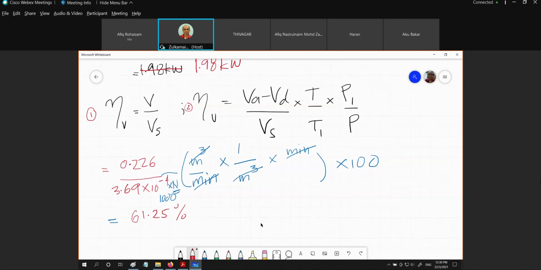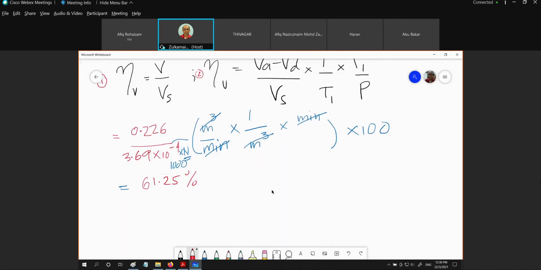So now we use equation number 2. The volumetric efficiency is equal to VA minus VD.